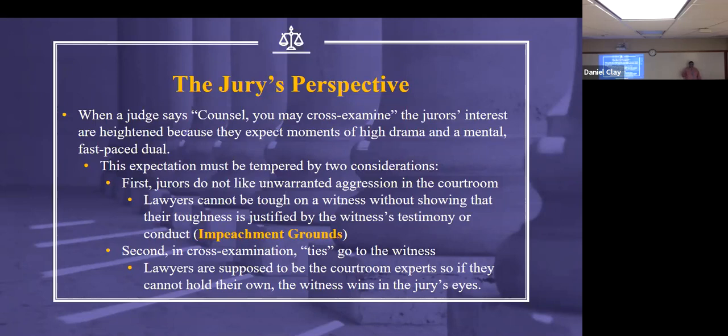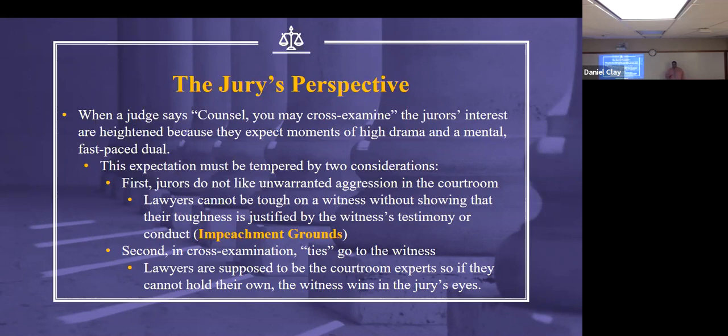Jurors generally will side, if it's a tie, with the witness, right? Because juries think lawyers are supposed to be courtroom experts. We should know the ins and outs. We should be able to control people. We should be able to get what information we want from people, etc. Even if that's not necessarily true, even if it's very much fictionalized, that's what juries think.